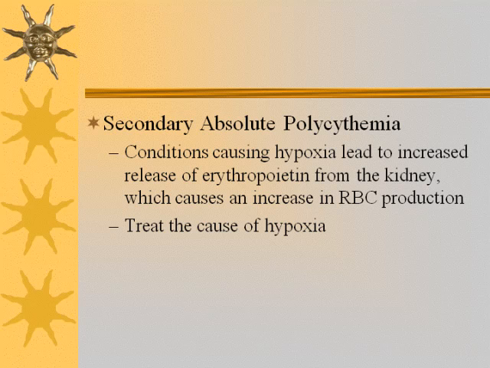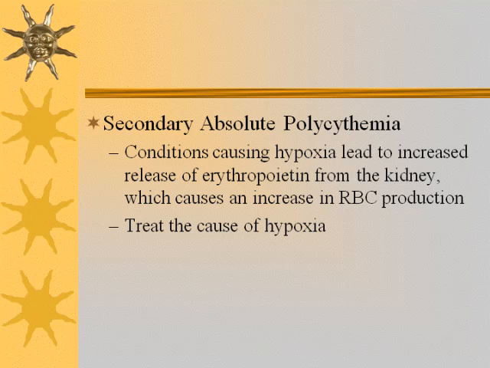Secondary absolute polycythemia is when there's some other cause causing an increase in red blood cell production. Normally, it's because somebody is hypoxic. They have a low oxygen level. And remember, anytime you have a low oxygen level, your kidney is going to release erythropoietin and stimulate red blood cell production.